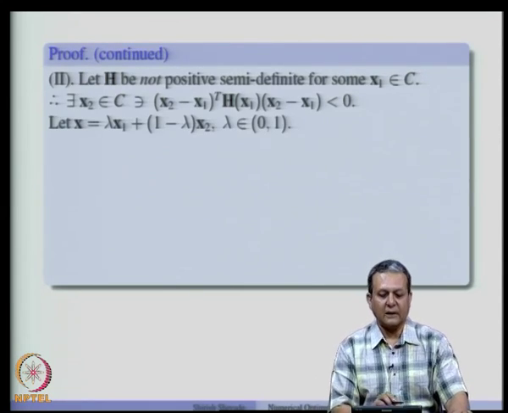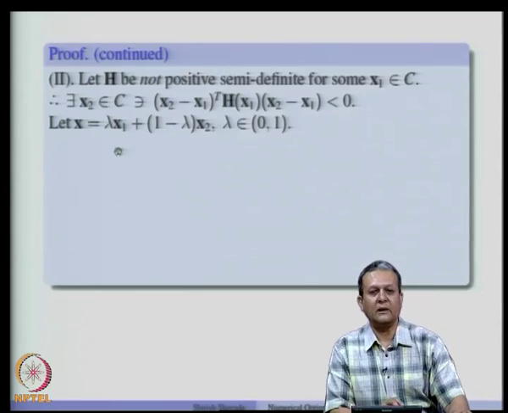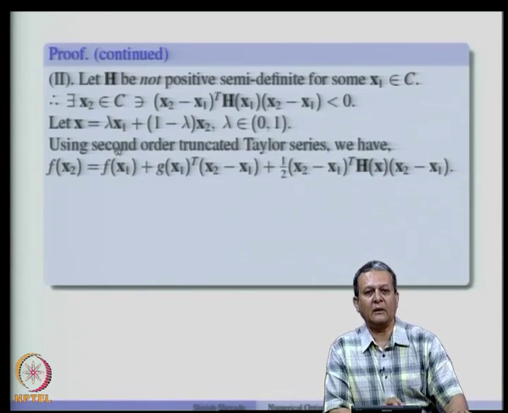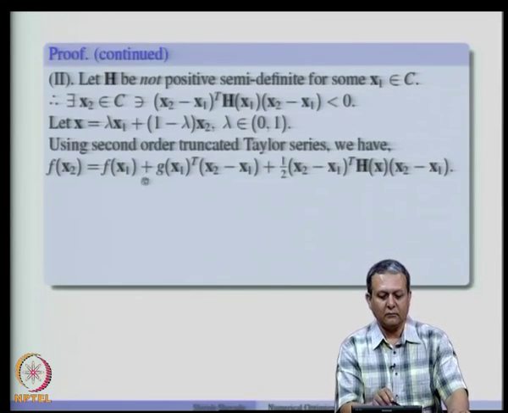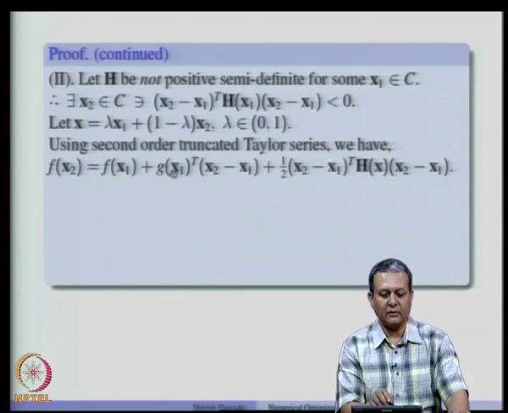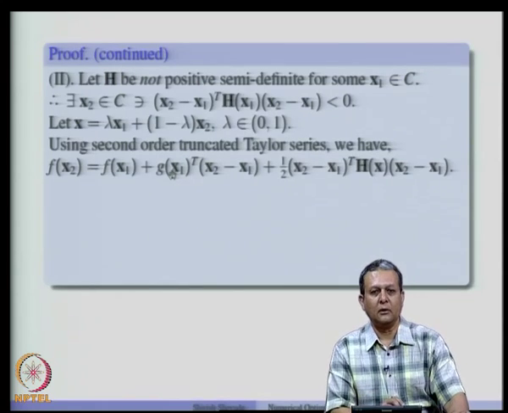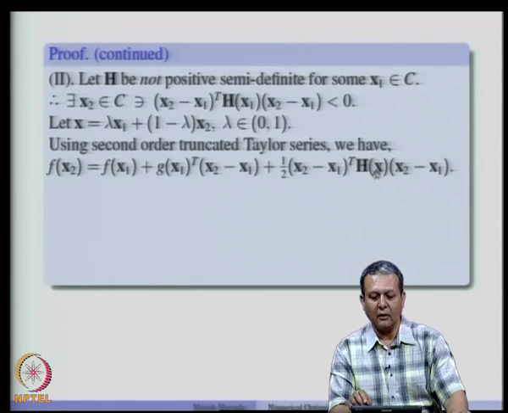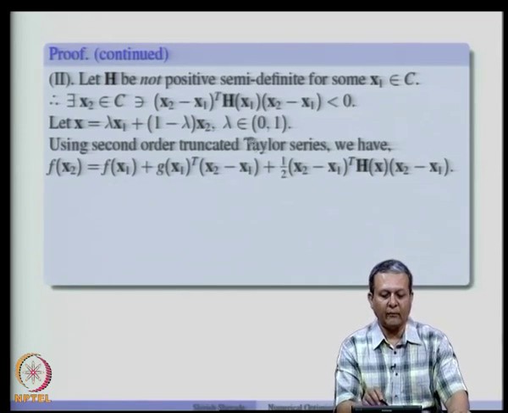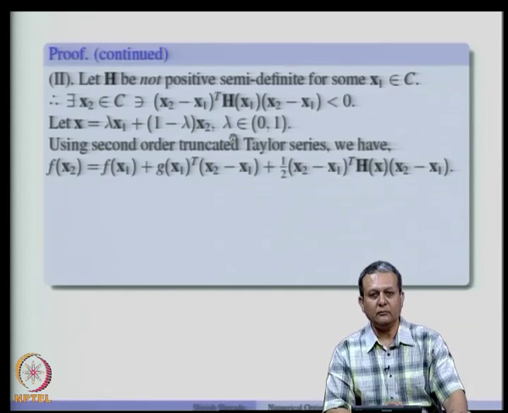Now, let us again take a point x which is on the open line segment joining x1 and x2, and then write the truncated Taylor series of f at x1. So, f of x2 is nothing but f of x1 plus the term related to the gradient of f at x1, and then the term related to the Hessian of f at a point x which is on the open line segment joining x1 and x2.